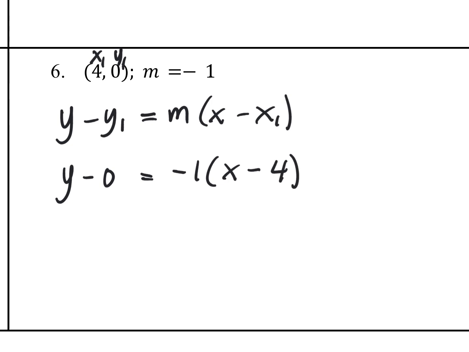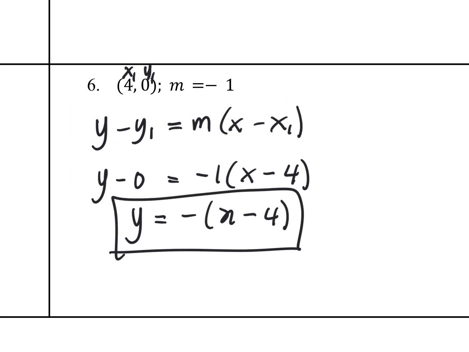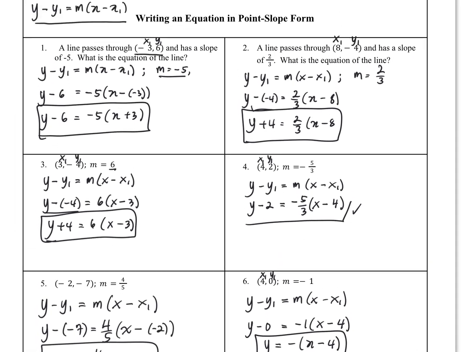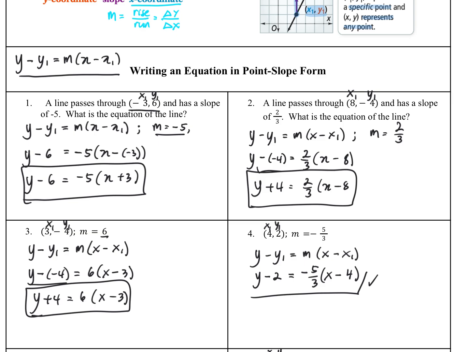Now, y minus 0 will always be just y. So that's going to give you y equals -1 times (x minus 4), or we can also say negative (x minus 4). I hope you have learned something on how to write an equation in point-slope form.